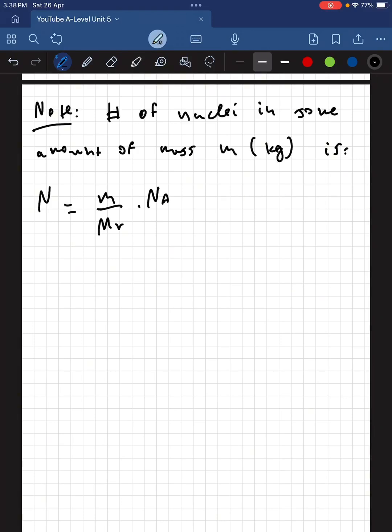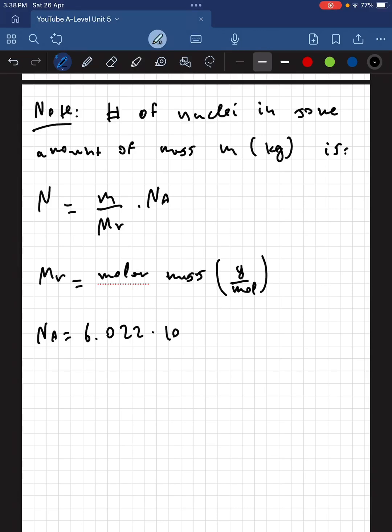We don't need to prove this, but let me write here that M_r is the molar mass in units of grams per mole, and N_A is the well-known quantity of Avogadro's number, which is 6.022 times 10 to the 23rd particles per mole.